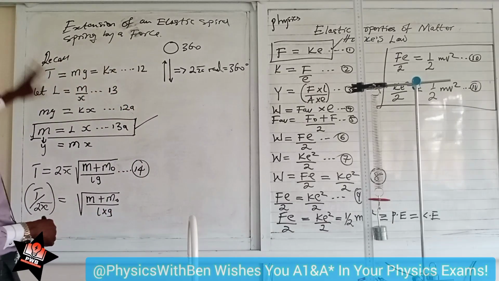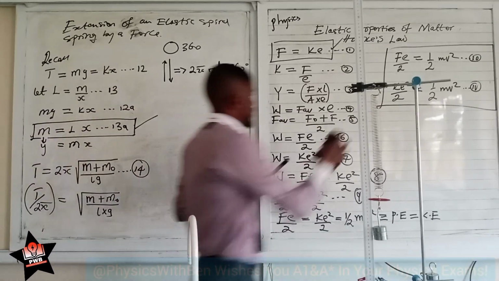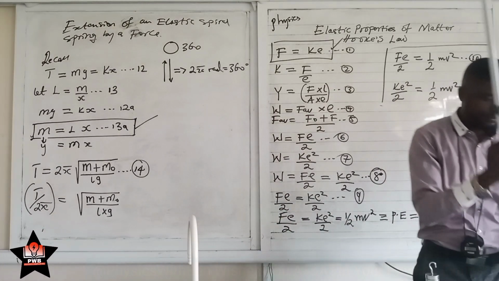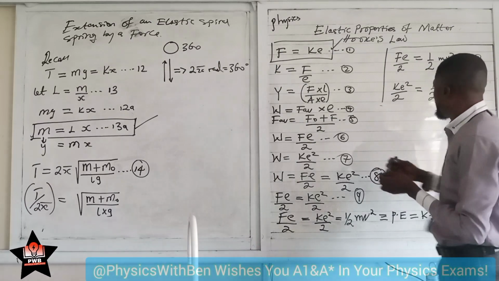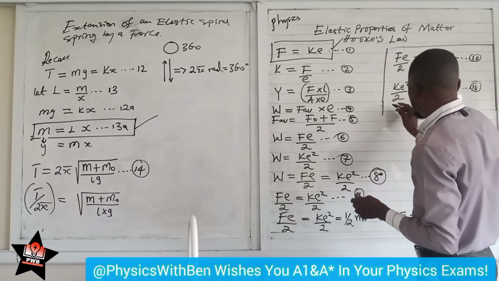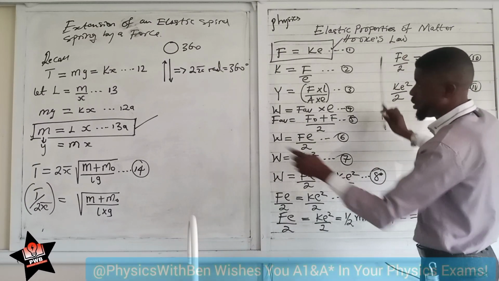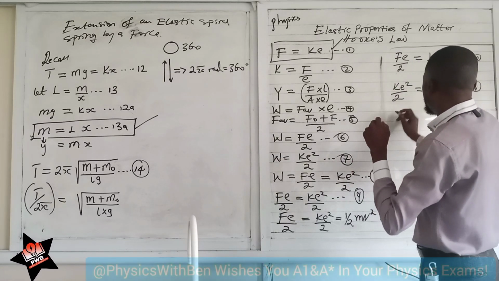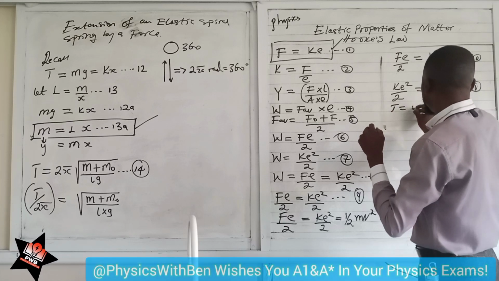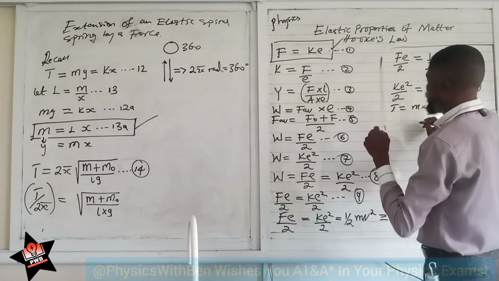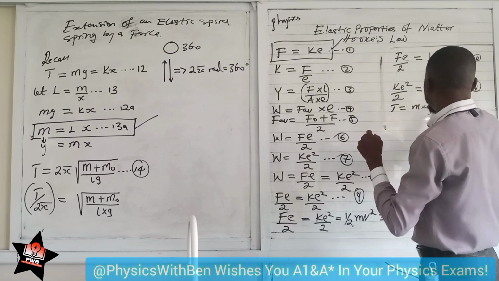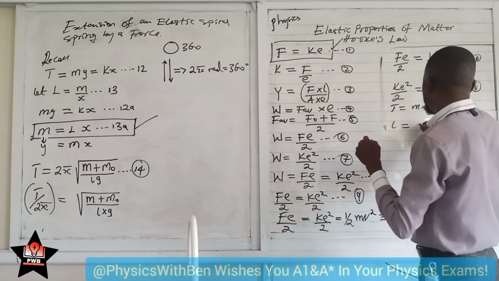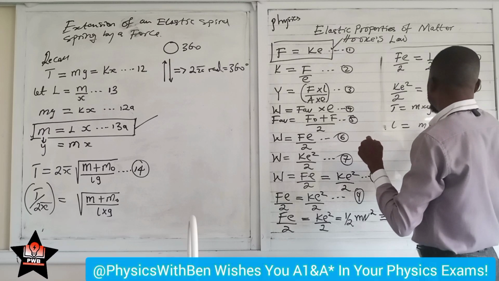I would love to clean this, so I'll transfer my equation down here. We write that equation 12: T is equal to 2π√(m/g), mg is equal to kx. We have L is equal to m over x.